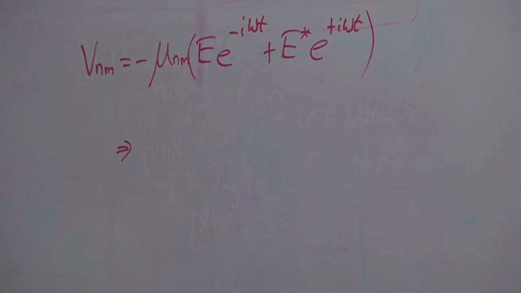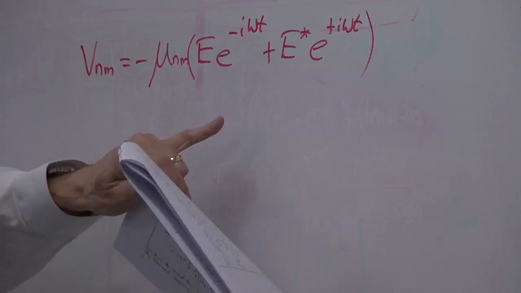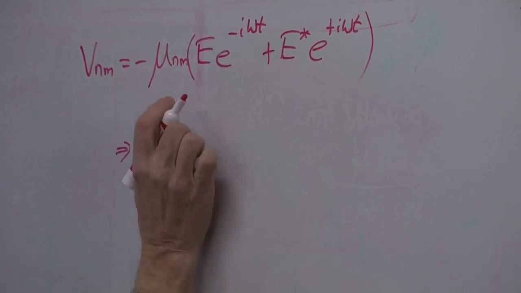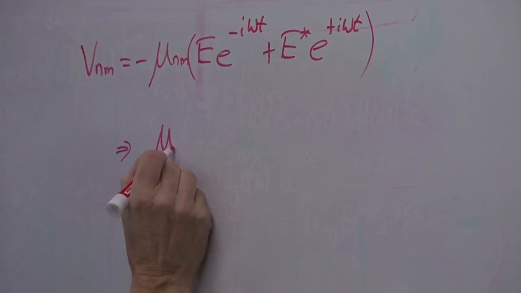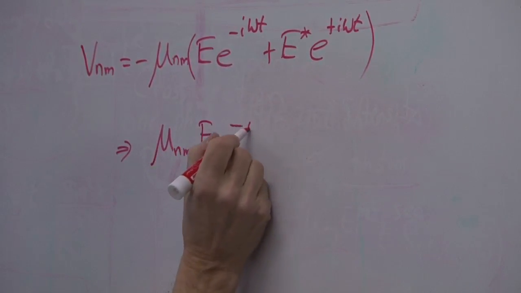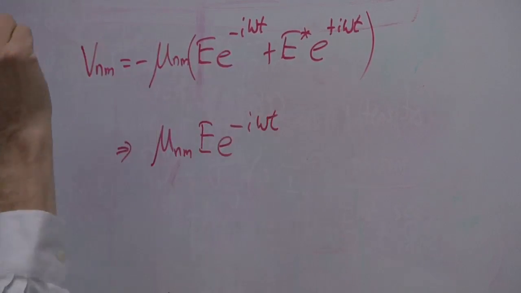And now that we understand what's going on, we will immediately drop the second term and just take this equal to mu_nm E e to the minus i omega t.